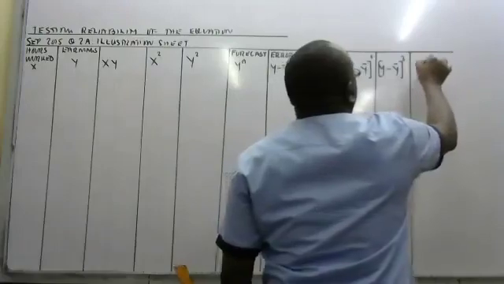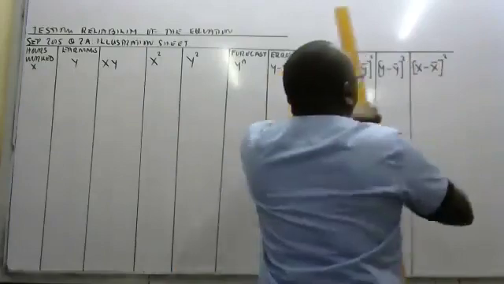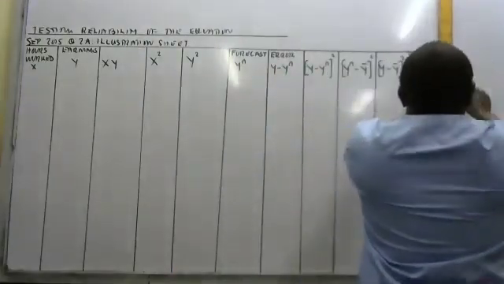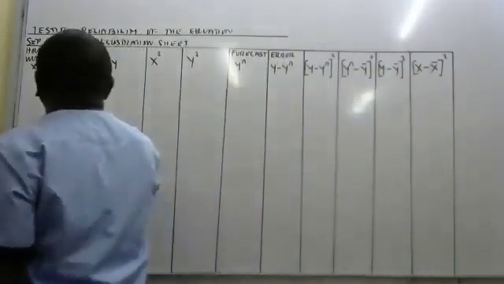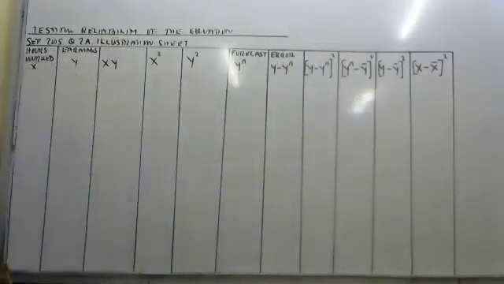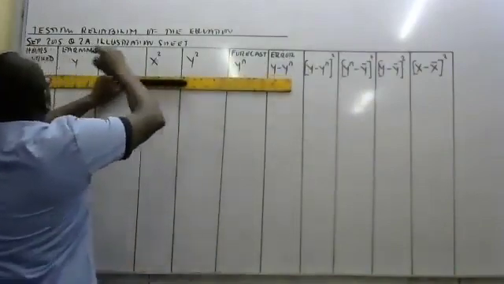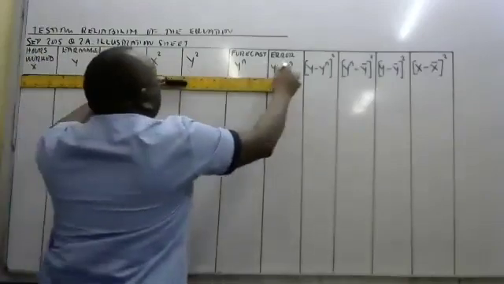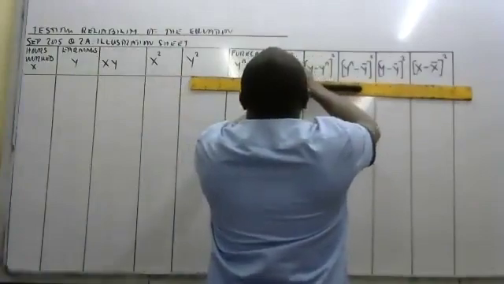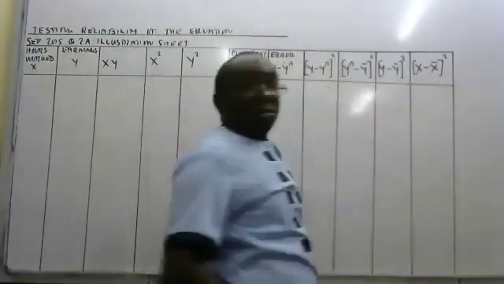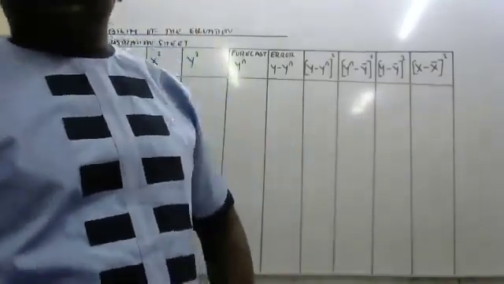Then X minus X bar squared. 1, 2, 3, 4, 5, 6, 7, 8, 9, 10, 11. So there are 11 columns. And you must be extremely fast.